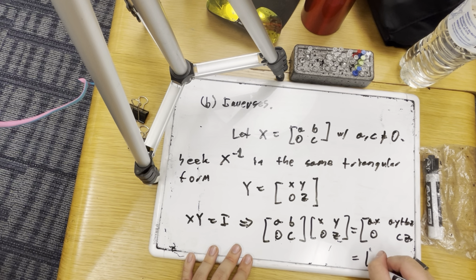And we want this to equal the identity matrix 1, 0, 0, 1. So, we basically just solve for each of those.